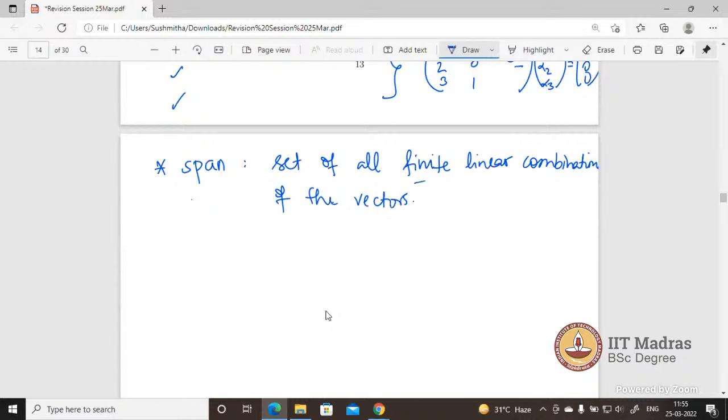Finite linear combination means that the sum is finite. If you have an infinite set of vectors, even then you can take the span, but we are dealing only with finite sets of vectors. So the span of a set V1, V2, ..., Vn is nothing but the set of all linear combinations.